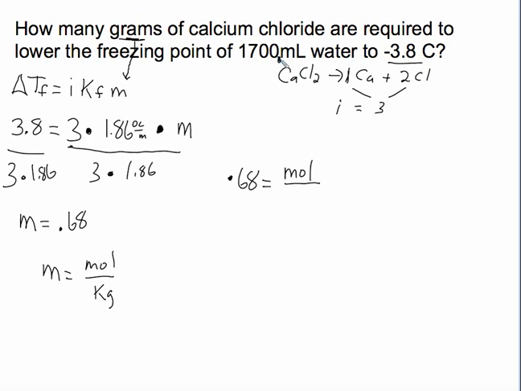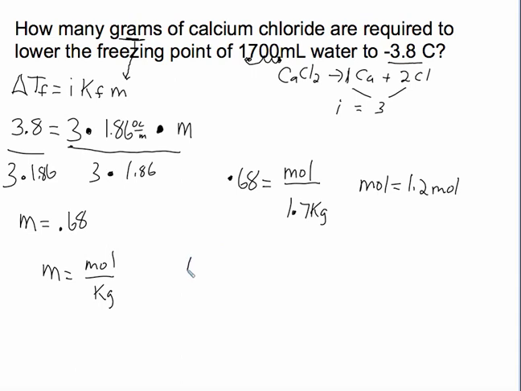We come back up here to see how much water we're using, and we move the decimal 1, 2, 3 spots, so that's 1.7 kilograms. If we do the math, we just cross multiply, as we've done before, and we get that the moles equals 1.2 moles calcium chloride.